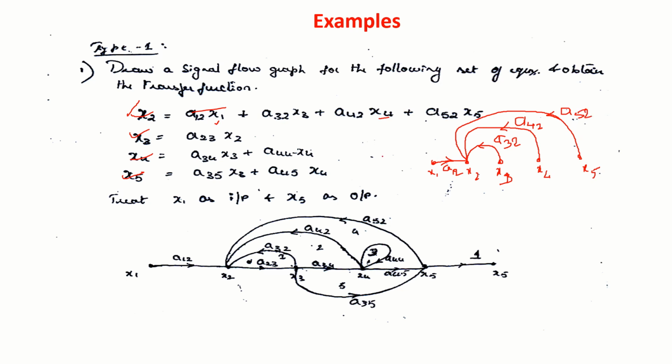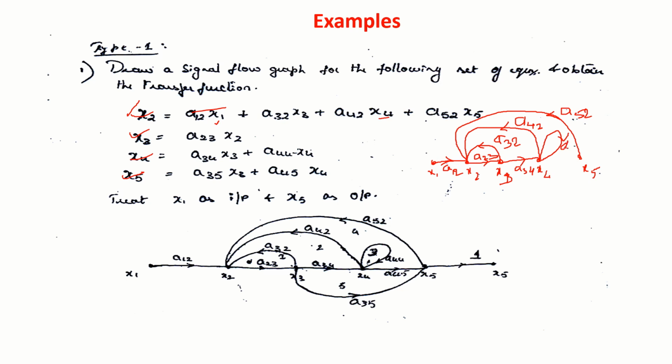You got this. Let us look at the second equation, x2 to x3. The gain is how much? a23. Next, x3 to x4. What is the gain? a34. Next, x4 to x4 itself.